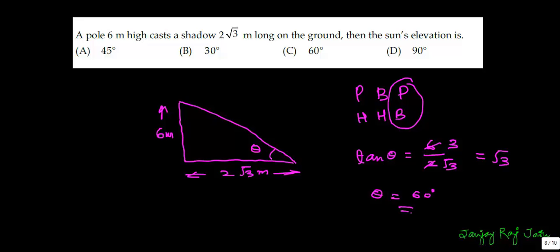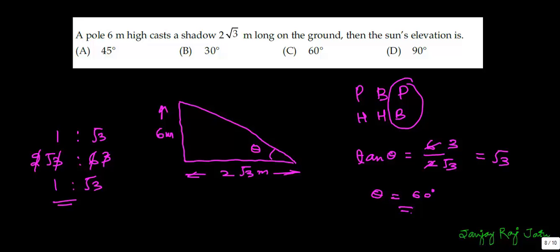And by using our ratio, 2 root 3 ratio 6 means 1 ratio root 3. Okay, if we cancel it out, like first of all 2 and then this one, so we will get 1 ratio root 3.